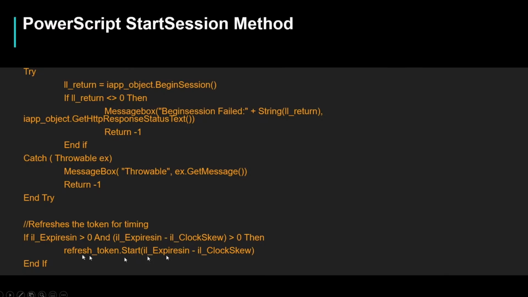And then we set the timing object. This is the name of my timing object, to start in the expiration time of the token, which gives you a number of seconds. So it's the number of seconds before the token expires minus the clock skew. So the timer event will fire before the token expires and will request another token.